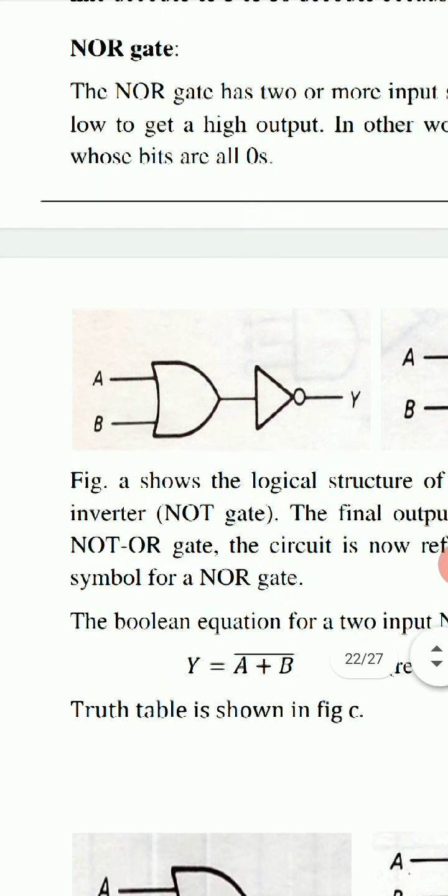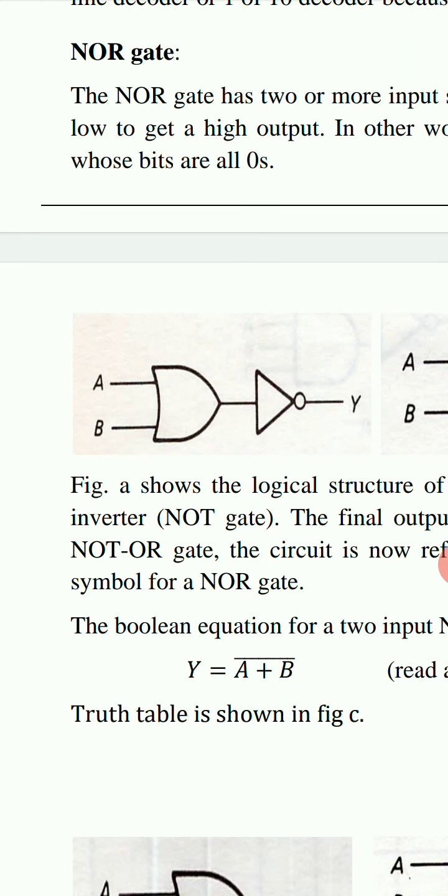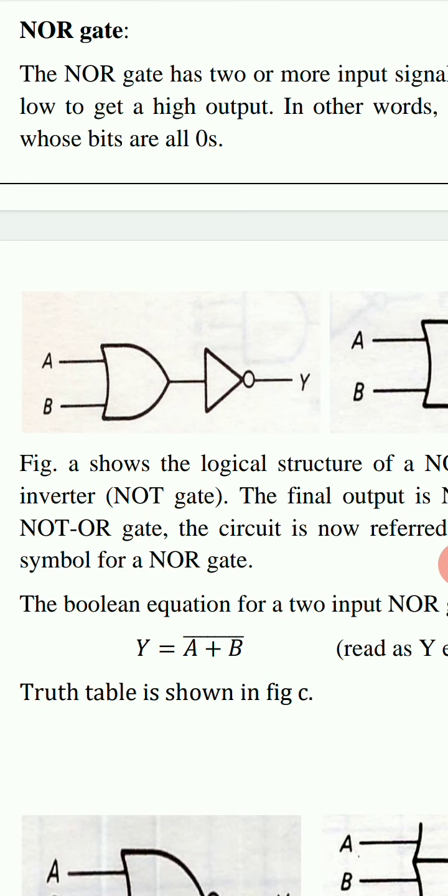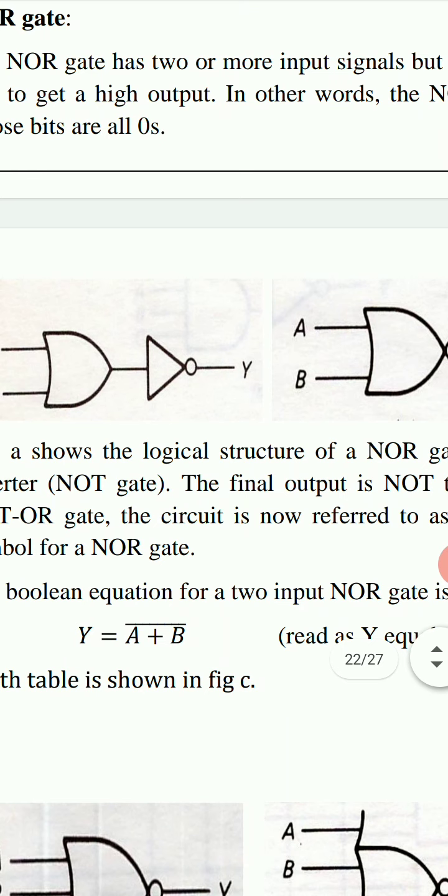This is the circuit for the NOR gate. It contains an OR gate followed by a NOT gate. First the OR gate will produce output A plus B, and it is the input for the NOT gate. So the output from this NOT gate, Y, will be equal to (A plus B) bar.